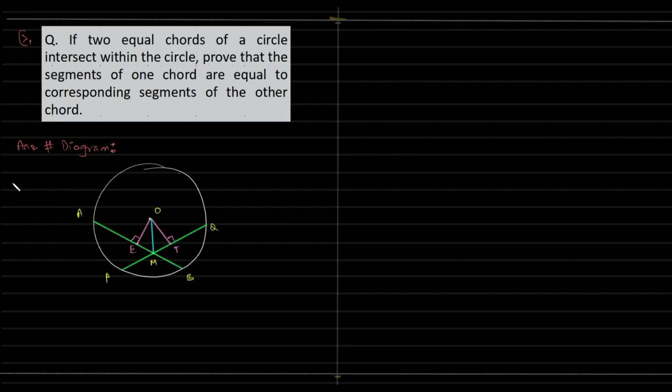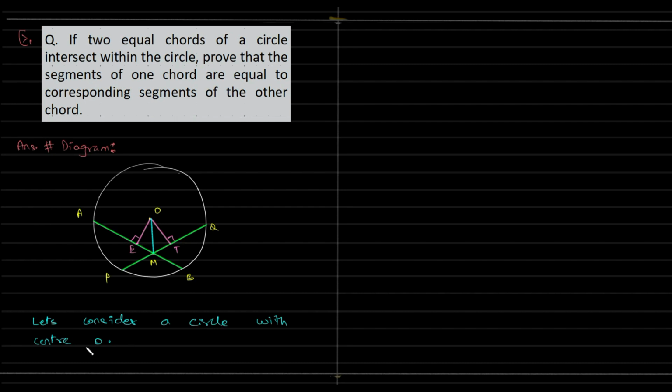Okay, let's begin. Let's consider a circle with center O. Then what else do we have?